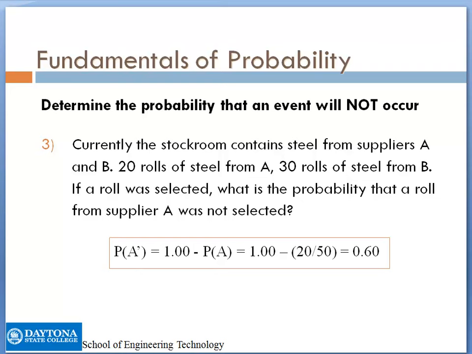So what we do is subtract 20 divided by 50 from 1, which is equal to 0.6. So the probability of not selecting a roll from supplier A is equal to 60%, or 0.6.